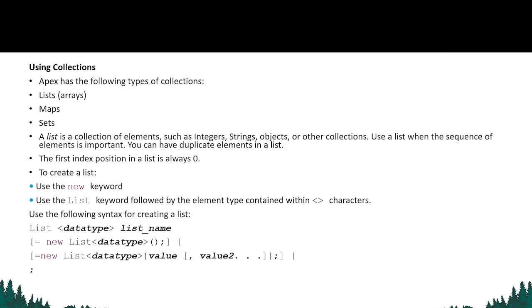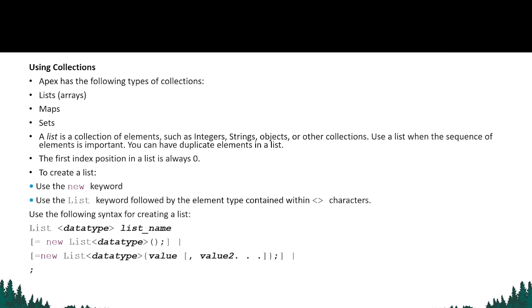You can also have duplicate elements in a list, because the list is created in a similar way as creating a new object and assigning the values in the form of arrays. The index should always start at 0.